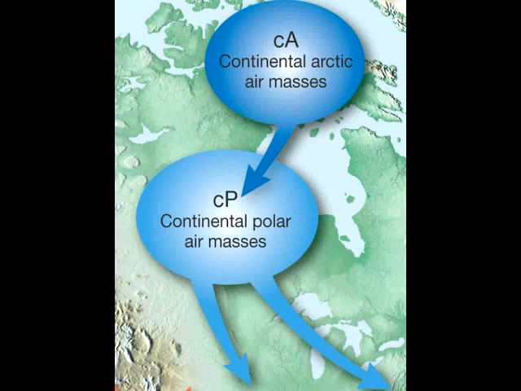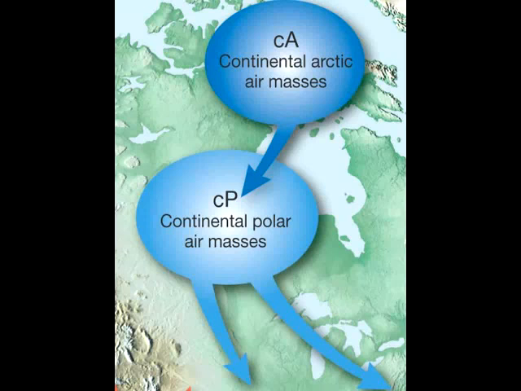CP and CA air masses originate over the ice and snow-covered regions of northern Canada and Alaska. These air masses are both cold and dry, with CA being even colder than CP. In winter, the air is chilled near the ground, which causes inversion and low humidity.